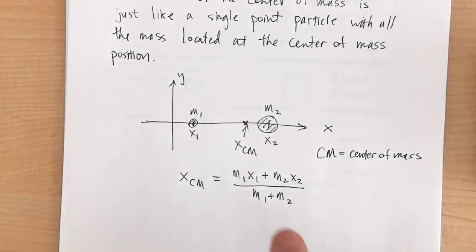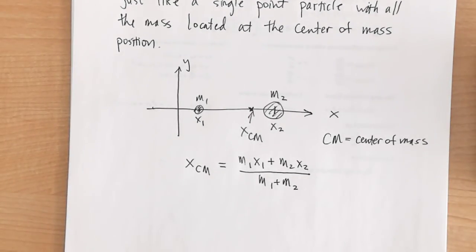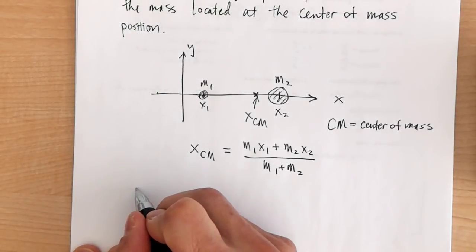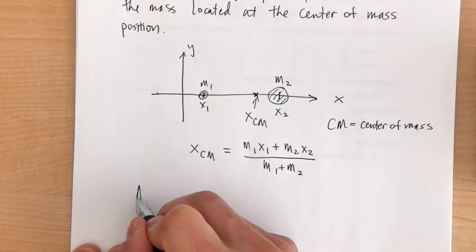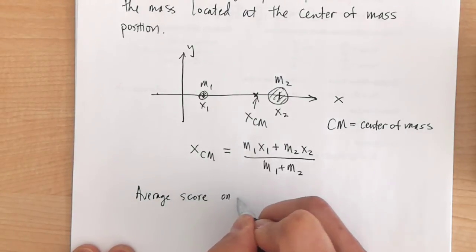Okay, so let me try to motivate why this formula works. So this is a bit like computing the average score for all the students on a test. Okay, so let me try to make this analogy.